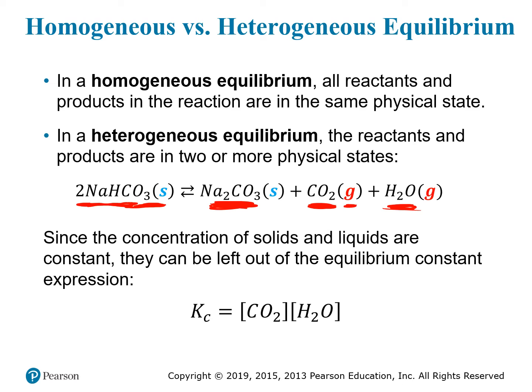The important thing to remember about heterogeneous equilibrium is that you only consider the concentrations for gases and solutes, meaning things in the aqueous phase. Okay? So you look for anything that has a G after it or an AQ after it, for aqueous phase. You do not consider solids or liquids. The reason is that the concentration is the amount of substance in a given volume. So for a pure liquid or a pure solid, that really refers to the density.